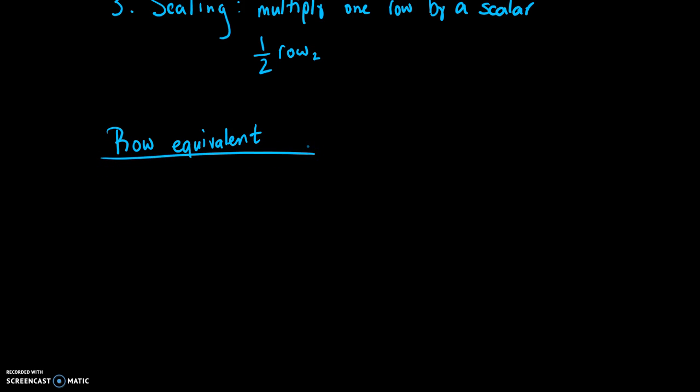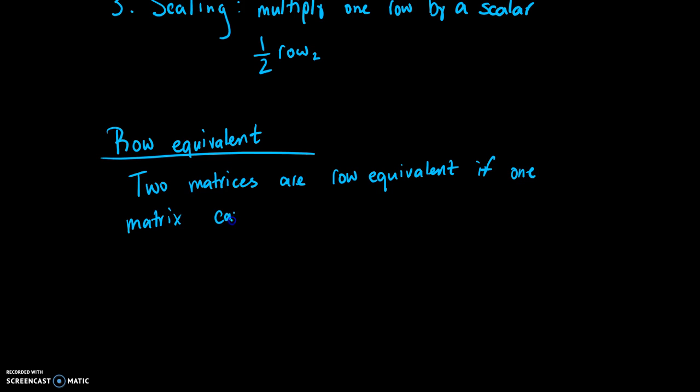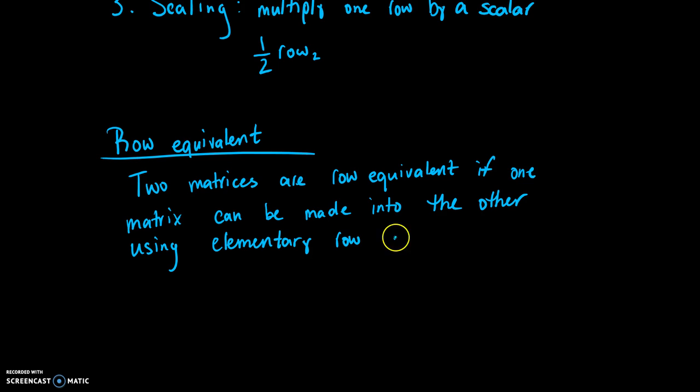Alright, so 2 matrices are row equivalent if one matrix can be made into the other using our elementary row operations.